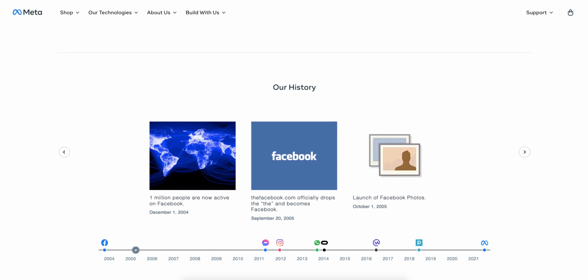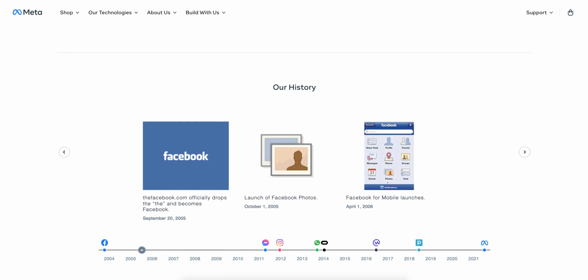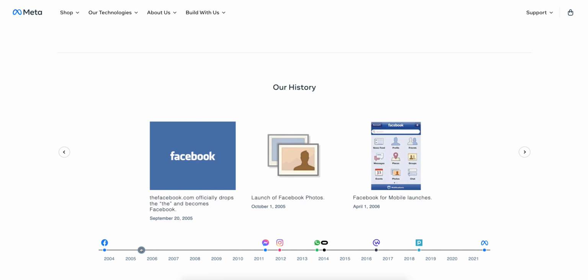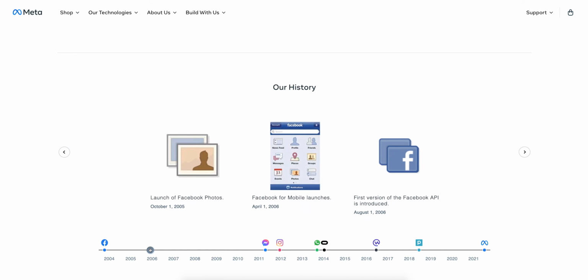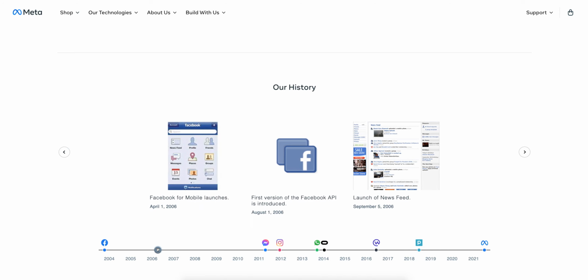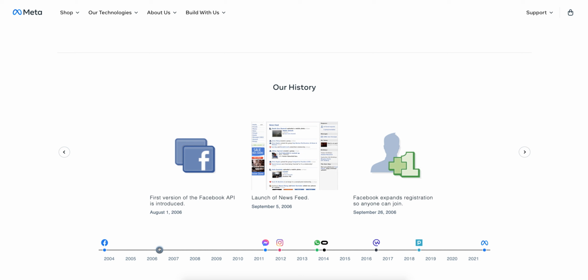1 million people were using it by the end of 2004. At the beginning, it was thefacebook. A year later, in September, it became Facebook. Facebook Photos didn't start until 2005. Facebook Mobile didn't start until 2006. The Facebook API, this is how they connect to different things, wasn't launched until 2006.